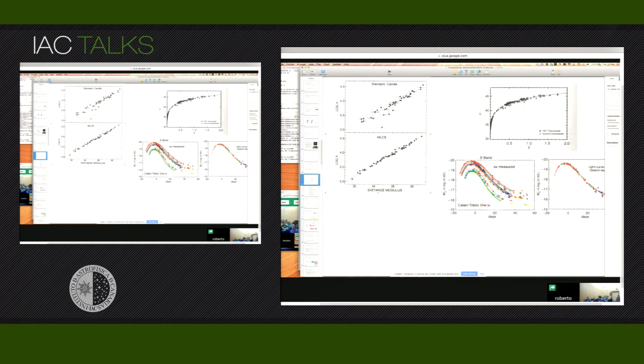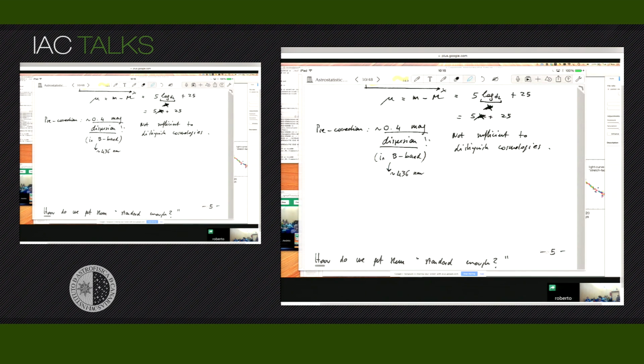After this correction procedure, you can see that the dispersion around the linear relationship is much reduced to about 0.1 or 0.12 magnitudes. And that makes them good enough standard candles to use. So the point is that they are not good enough on their own, but they can be made into standard candles, statistically speaking.